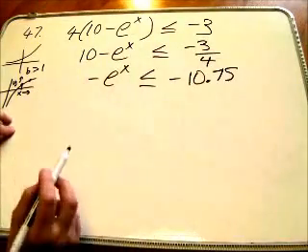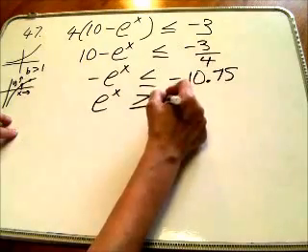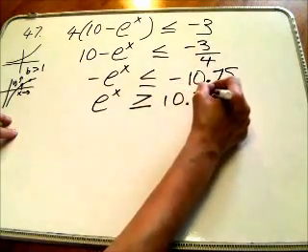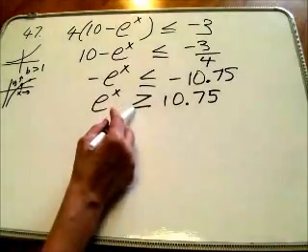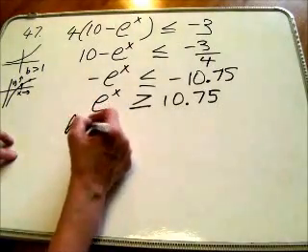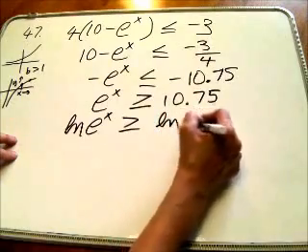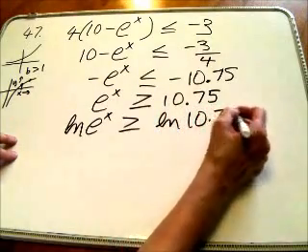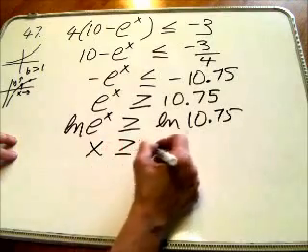Be a little easier. And then if we multiply by -1, that does invert the inequality sign. And then we just take the log of both sides, which will not invert the inequality sign. And so the log and the exponential are inverses, and we're done.